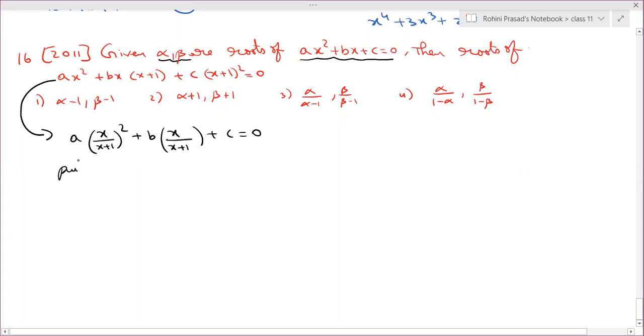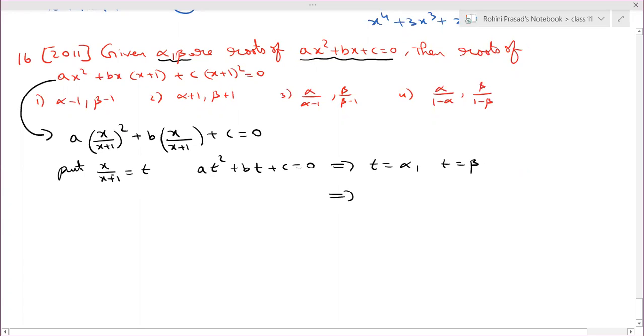If you put x by x plus 1 equal to t, then this is at square plus bt plus c equal to 0. So we already have that alpha, beta are the roots of this equation. That means x equal to alpha and x equal to beta are the roots of this equation. That implies t equal to alpha and t equal to beta are the roots of this equation.